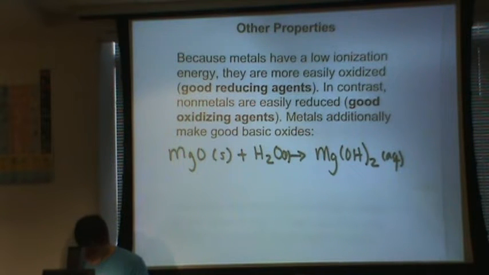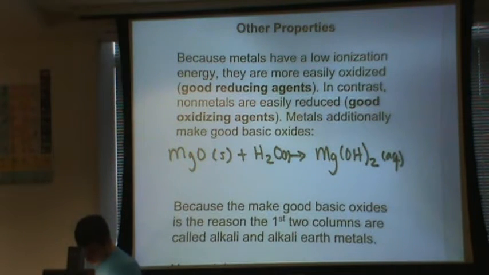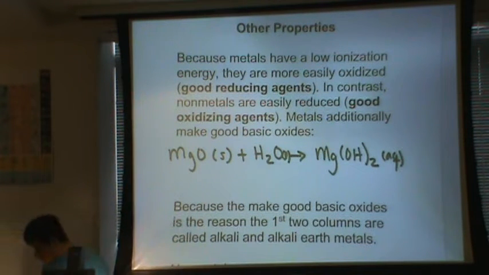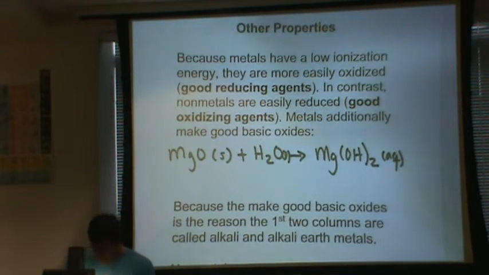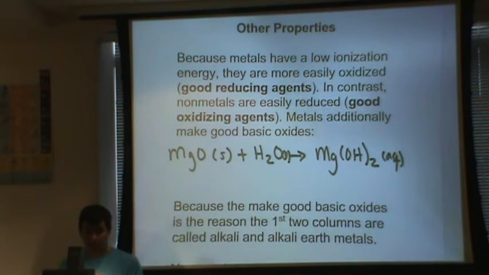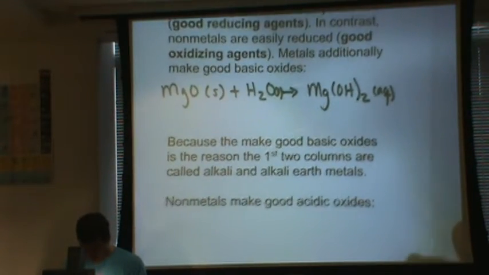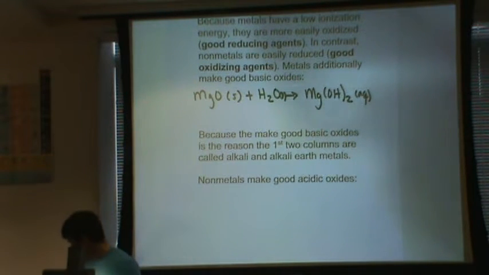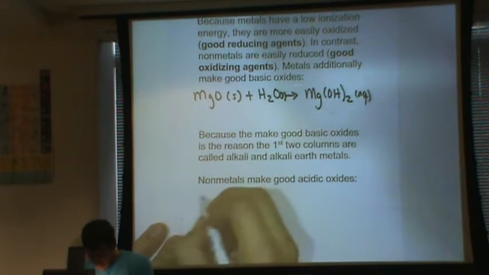In contrast, nonmetals make good acidic oxides. But before we get to here, let's talk a little about the reason the first 2 columns are called alkalis: because of this idea that they make good bases. Conversely, nonmetals make great acidic oxides. So as an example, let's do sulfur dioxide.